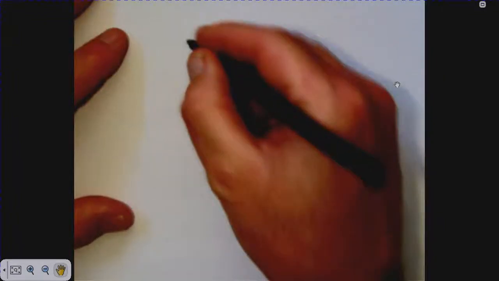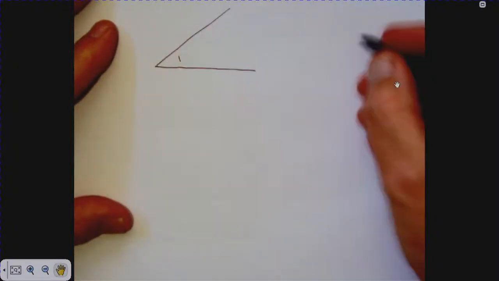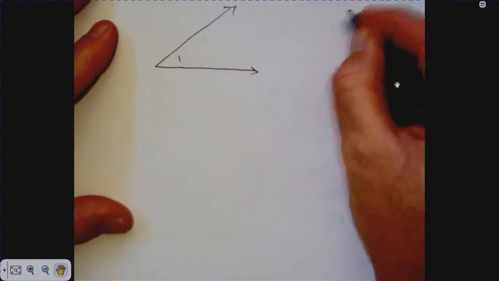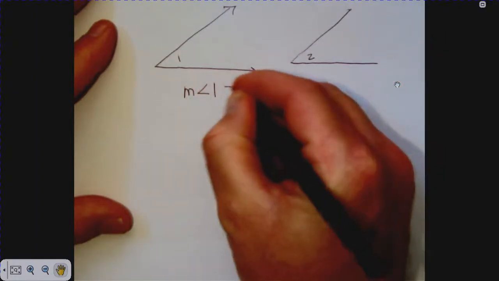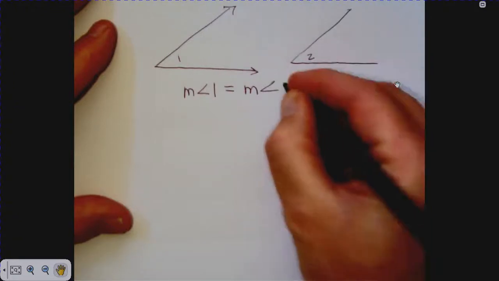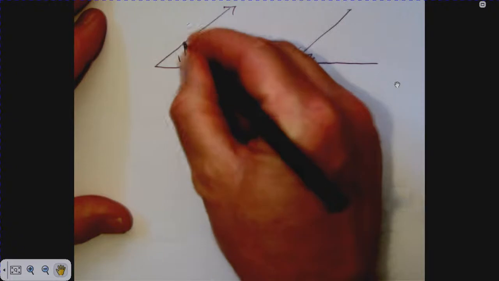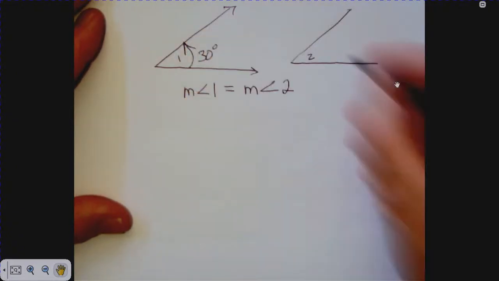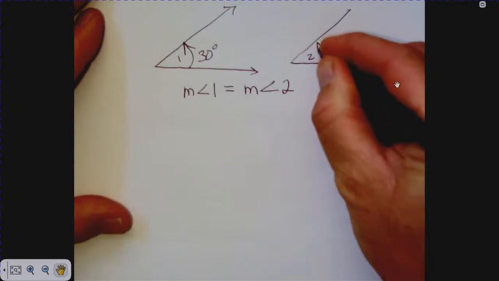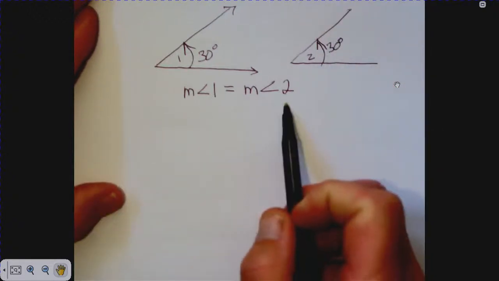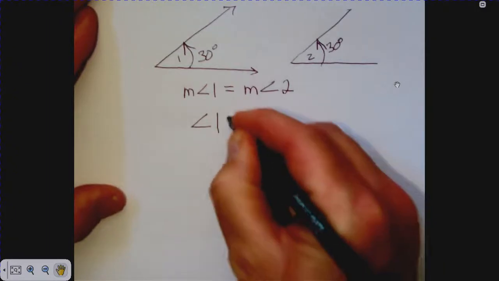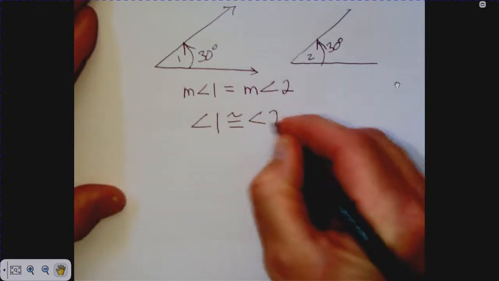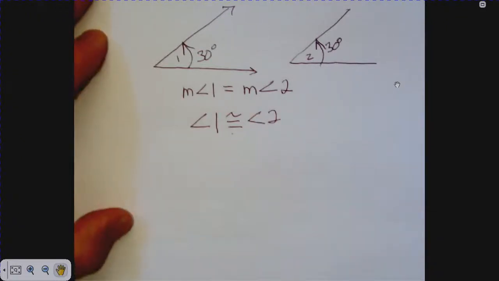So if I have angle 1 here and over here angle 2, and the measure of angle 1 is equal to the measure of angle 2, for example, let's say this is 30 degrees and this is 30 degrees, I can also say that angle 1 is congruent to angle 2. Remember, this is the sign to mean congruent.